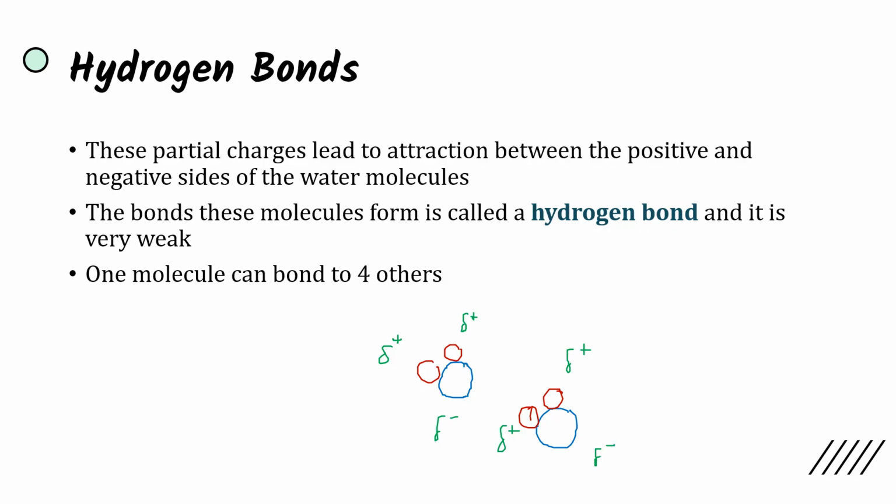And because opposites attract, this negative oxygen is going to bond to the positive hydrogen. What this bond is called is a hydrogen bond, because we're bonding to a hydrogen. And this bond, unlike a covalent bond, is extremely weak. And one water molecule can bond to 4 others, 1 bond from each of its hydrogens and 2 from the oxygen.